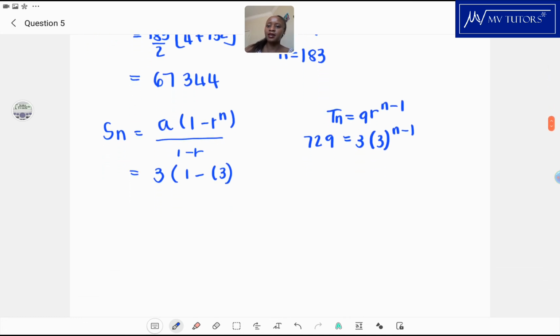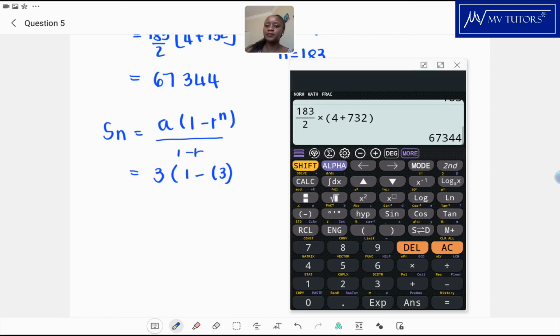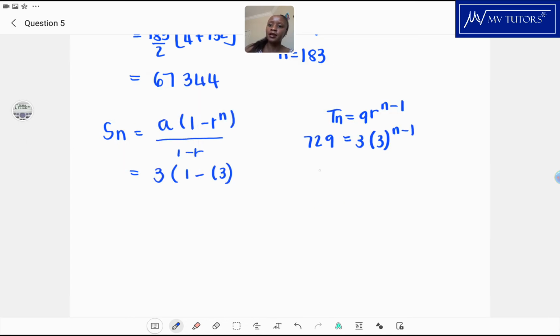If I divide 729 by 3, what do I get? I get 243. So I have 243 is equal to 3 to the power n minus 1. At this point, I could use logs to get what n minus 1 is and ultimately n, but you haven't covered that yet.